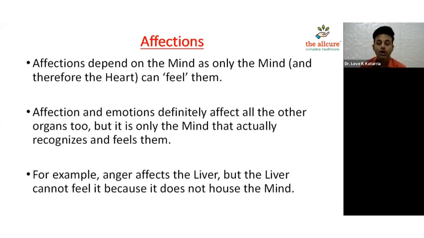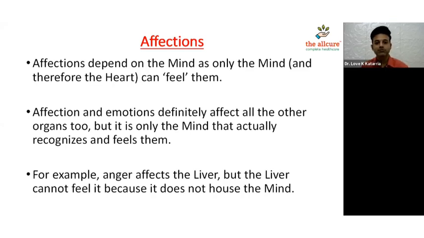Affections depend on the mind, as only the mind can feel them. So this is a very, very important function. See, sense organs and this affection. The heart is the only thing which can feel all kinds of emotions and affections.